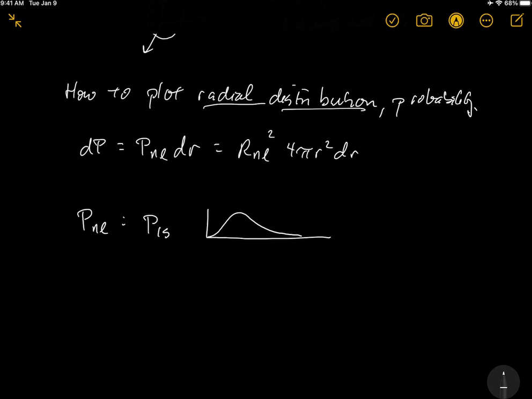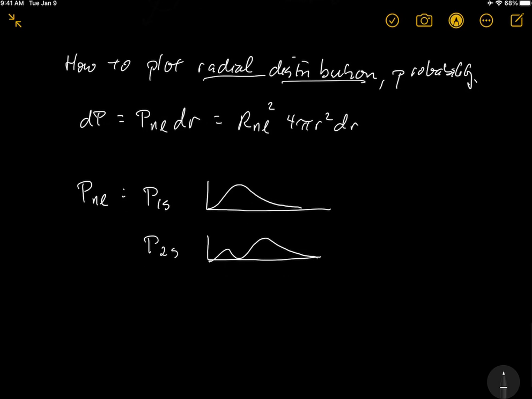And for 2s, we end up with a curve that's going to have two humps. Again, these are the radial probability curves.